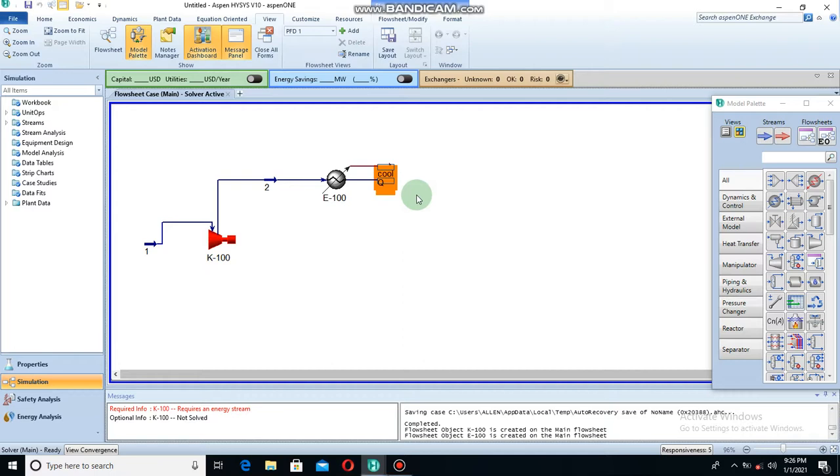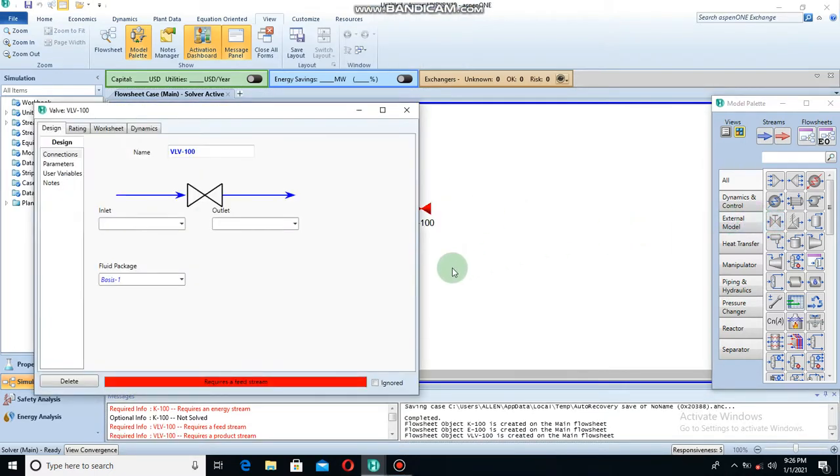So we use an expansion valve, not a control valve. It's very important you know that an expansion valve is the valve that can do everything you want. So we want a pressure drop of propane at this point.